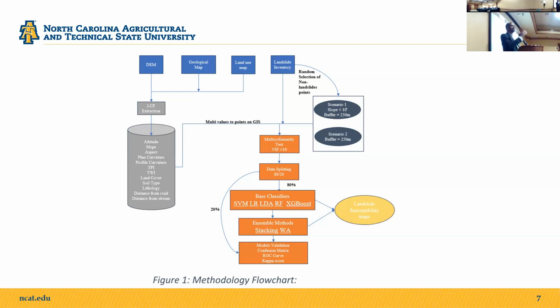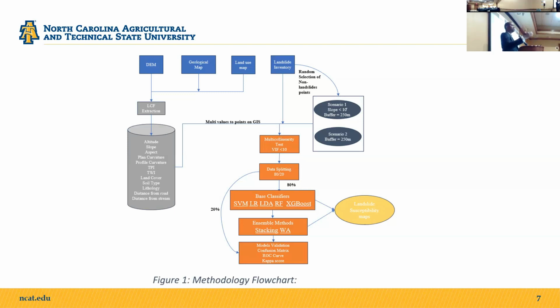Actually, in this research, we chose the best model based on ROC curve because landslide susceptibility uses thresholds across all the points. We can use confusion matrix and overall accuracy, but those have a certain threshold that they want.